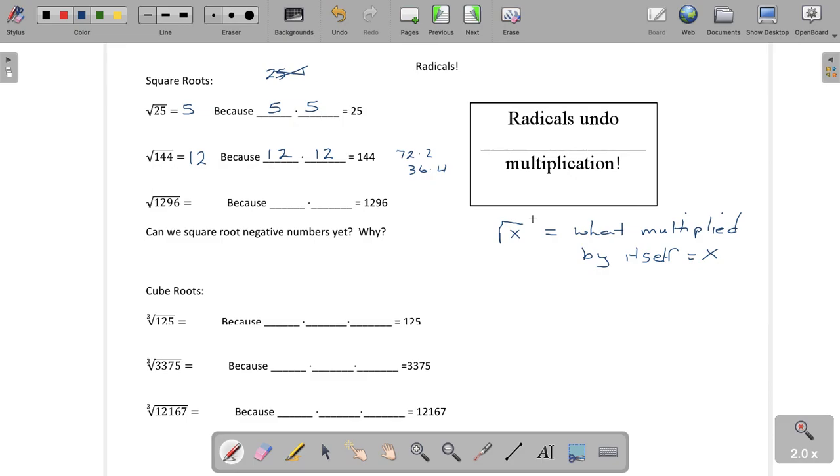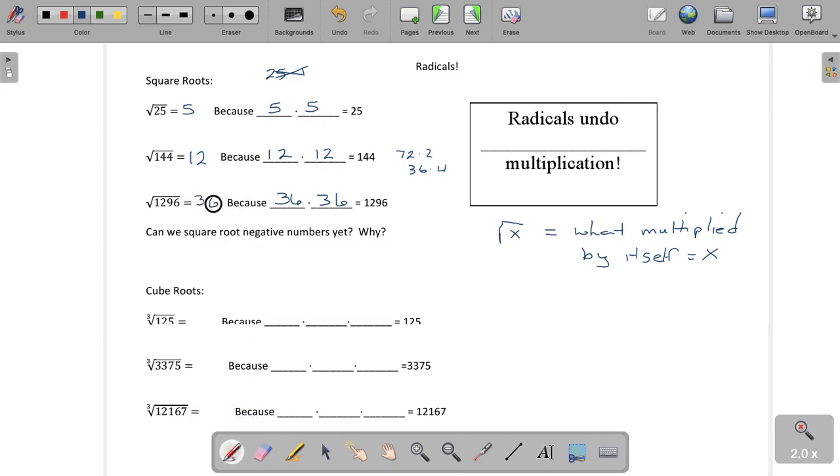It's a big number, okay? That number is actually 36. 36 times 36 equals 1296, so the square root of 1296 is 36. Let me erase that. It's 36.